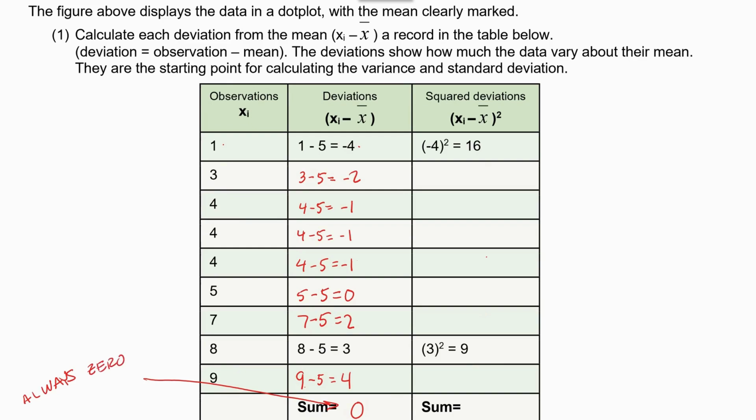No matter how crazy the data set is, always 0. In other words, that's not a good measurement of how much variability there is. Zero variability, you have a value 0. Lots of variability, you have a value 0. So that's not so good. And it comes about because the positive numbers and the negative numbers are canceling out.